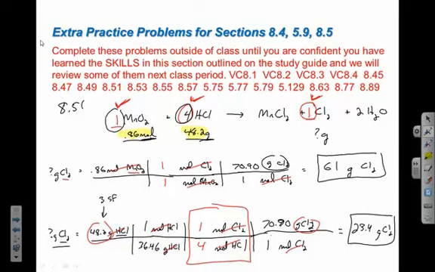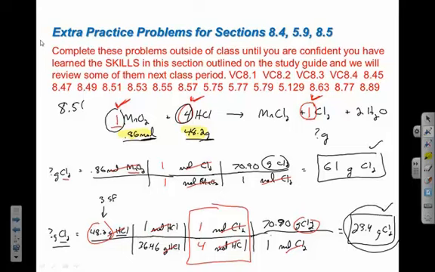So the limiting reactant isn't necessarily the one you have less of, it's the one that limits how much product you can make. And so that's why I do this calculation. I figure out how much product I could make if all of the one reactant were to be used up. How much product could I make if the other reactant were to be used up?